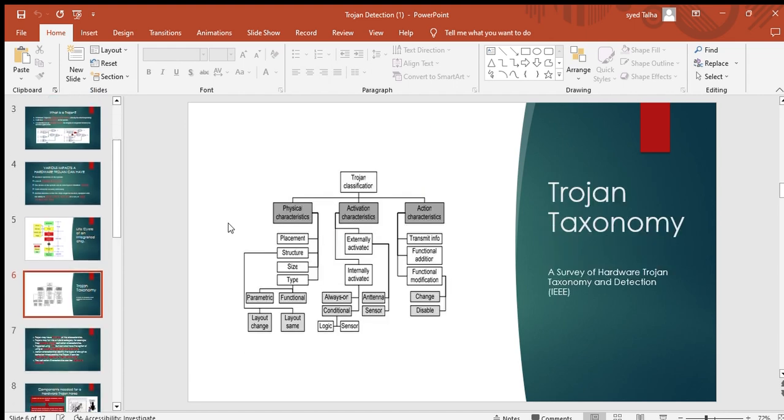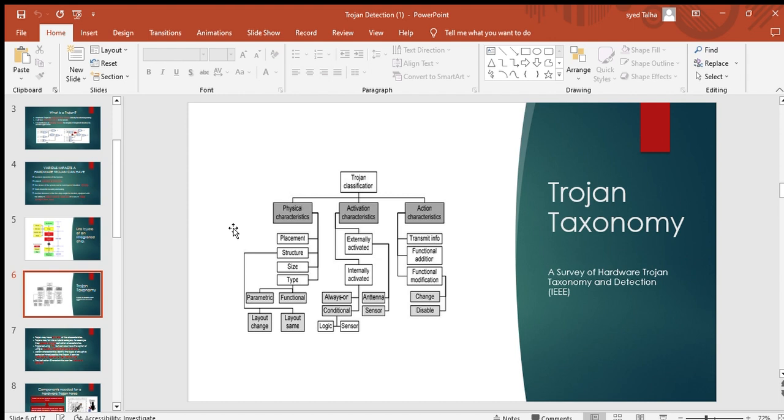This is the Trojan taxonomy. There are three major differences, or it can be a combination of these three characteristics: physical characteristics, activation characteristics, and action characteristics. In physical, we can talk about the placement or the structure and the size and type of the Trojan. Activation characteristics: it can be activated externally, like remotely, or internally.